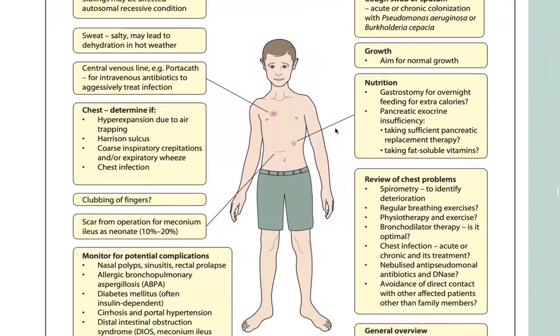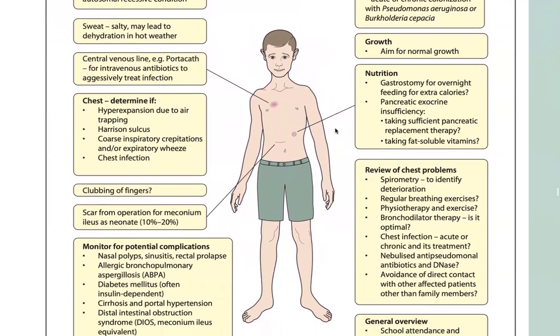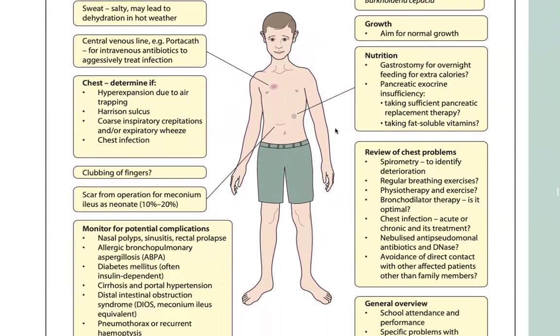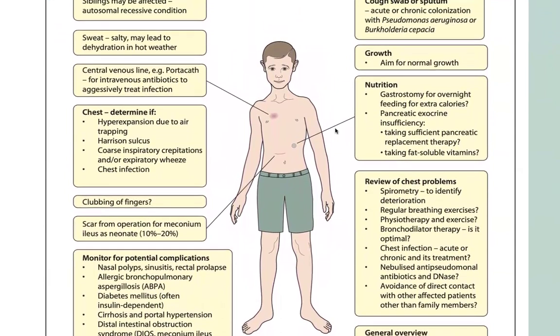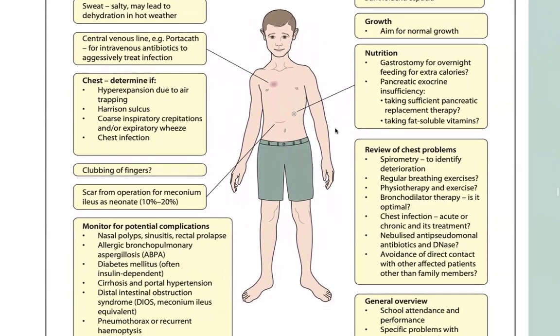Sputum: acute or chronic infection, colonization with Pseudomonas aeruginosa or Burkholderia cepacia. Growth: abnormal growth, nutrition, overnight feeding for extra calories. Pancreatic insufficiency: takes pancreatic enzyme replacement therapy, with fat-soluble vitamins. Review of chest problems: spirometry for deterioration, regular breathing exercises, physiotherapy and exercise in older children.